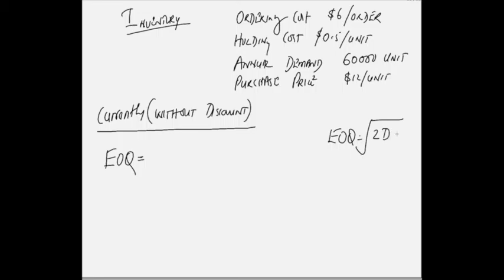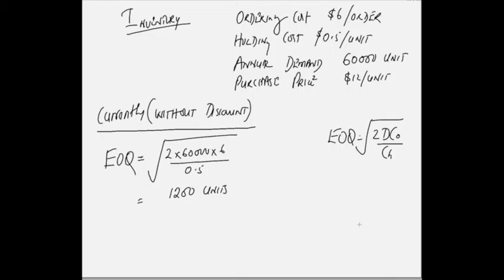2 demand multiplied by cost of order divided by CH. And I showed how this formula is formed. 2, what is the demand? 60,000, multiplied by 6 divided by 0.5 gives you what? 1,200 units. Under normal circumstances, this is your best ordering size, isn't it?